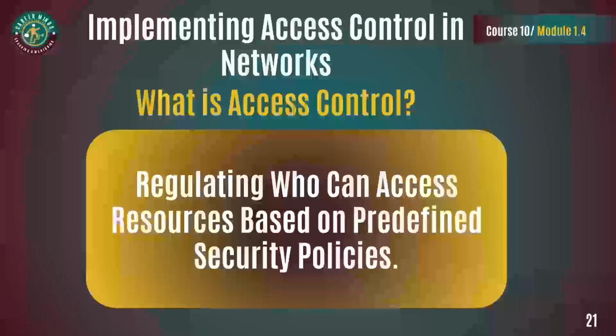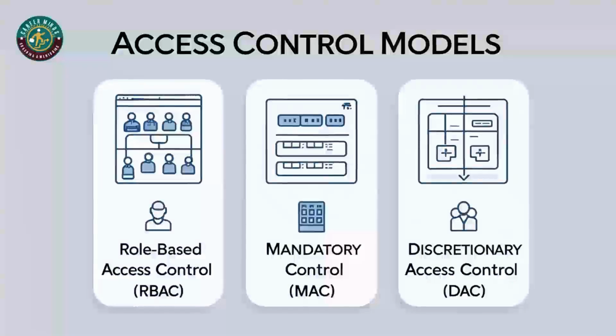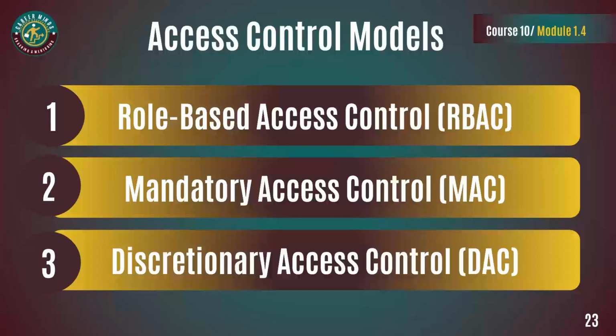All right, let's now look at access control models. There are three main access control models that are used across organizations today. So let's explore them with easy to understand analogies, okay? The very first one is role-based access control, called RBAC, which means access is based on the user's job role.